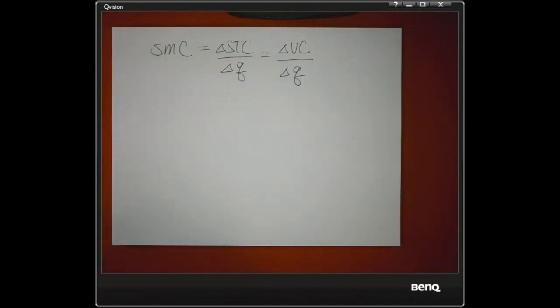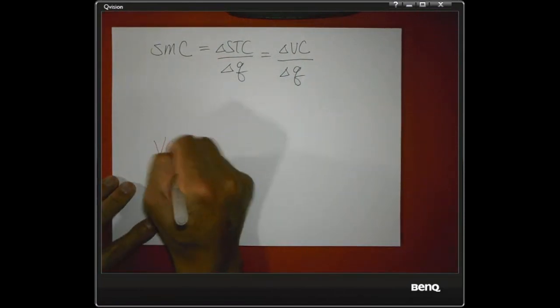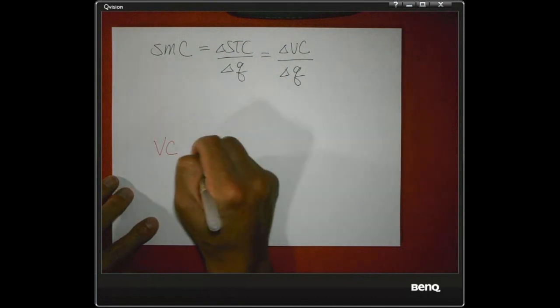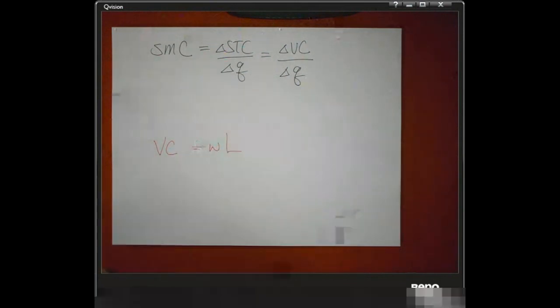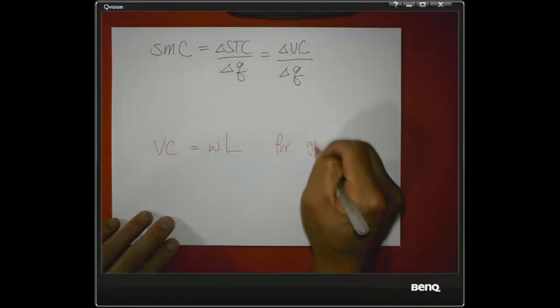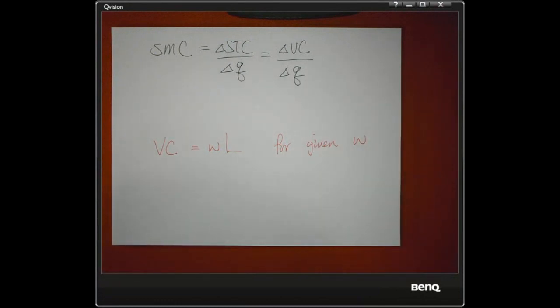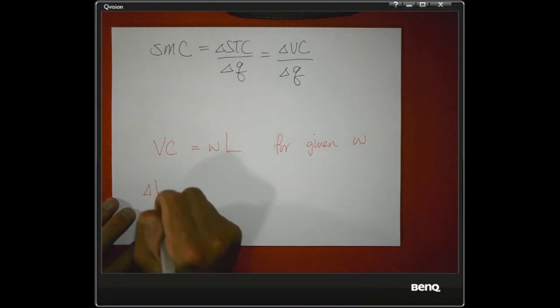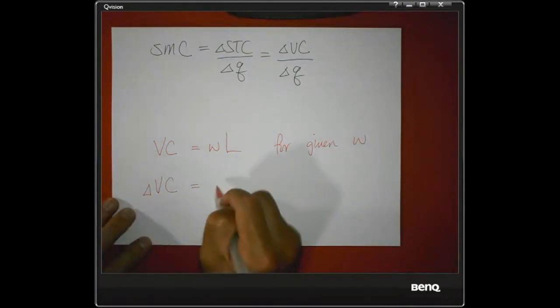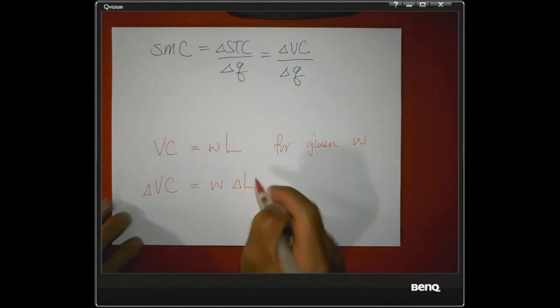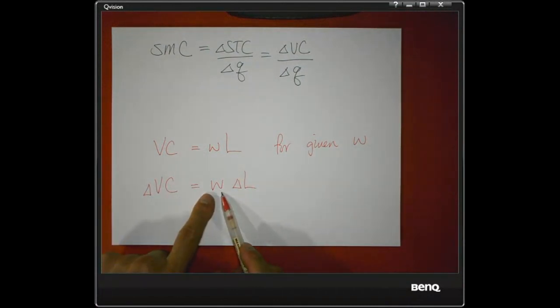And now, variable cost is equal to W times L. And for a given cost of labor per unit, the change in the variable cost is simply equal to the cost per unit of labor multiplied by the change in the use of labor.